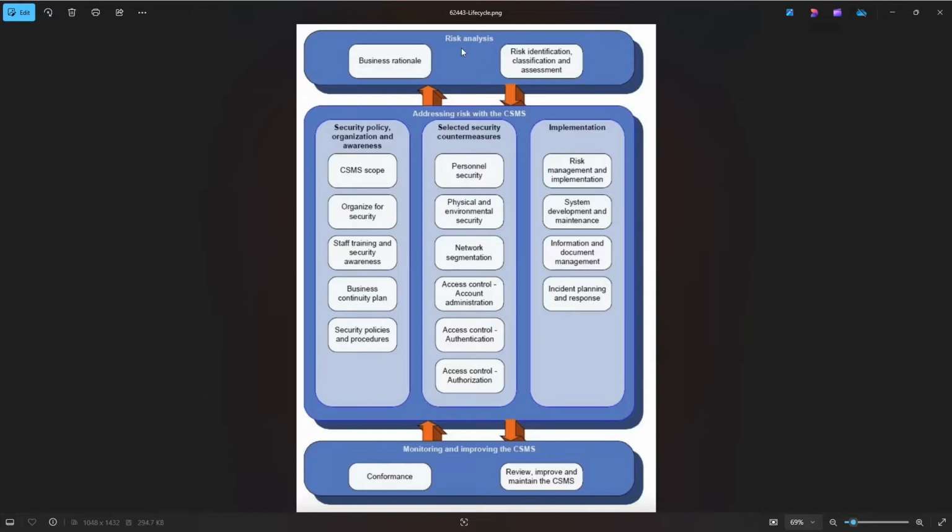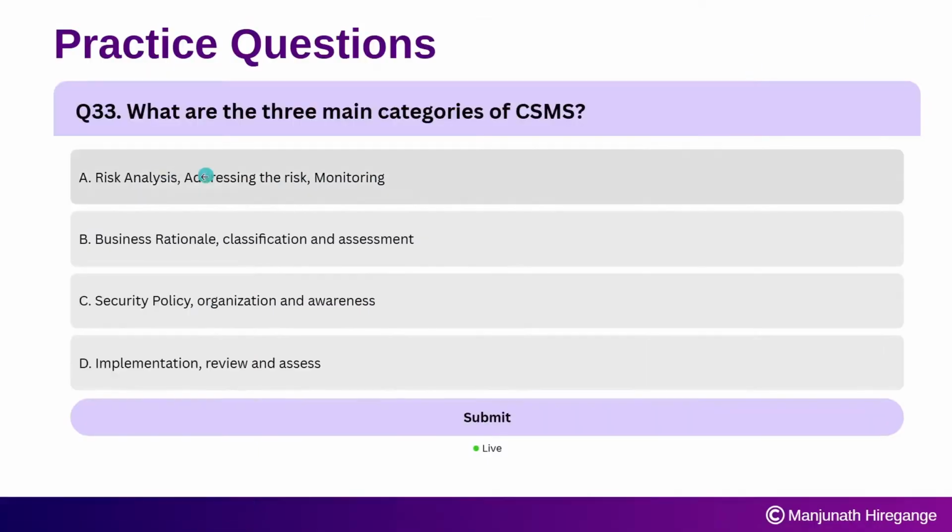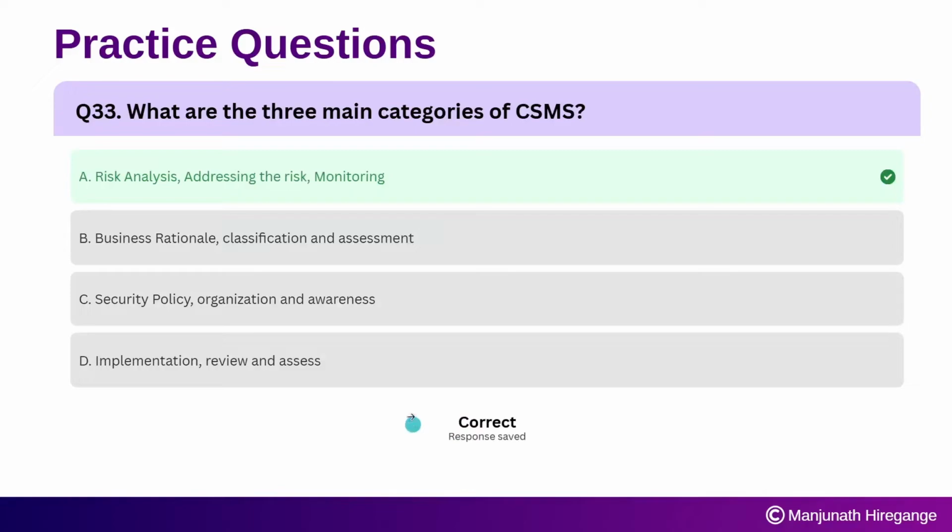Three main categories of CSMS: risk analysis, addressing the risk, and monitoring and improving the CSMS. All these others are elements, like CSMS scope and organization for security. So out of these four, A is the right answer.